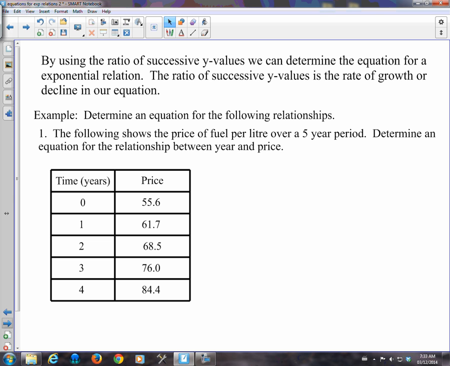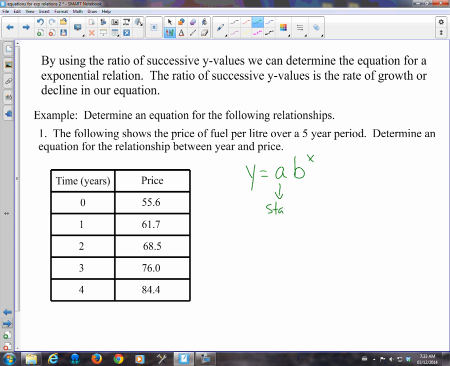If I have a word problem, I can use this idea of multiplying by the same number to figure out the rate of growth or the rate of decline for our equation. Remember our equation, y equals a b to the x.